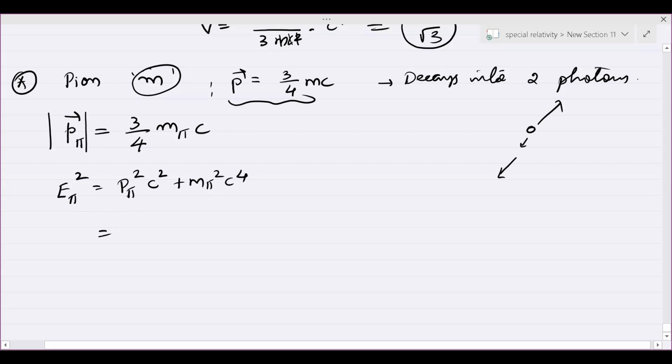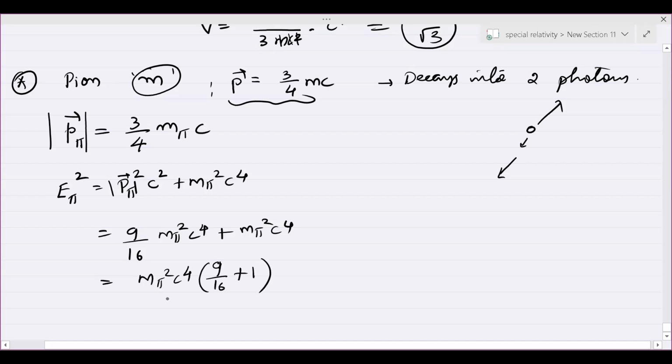Now we know these things. I'll write it like this just to avoid confusion. So this is 9 by 16 m pi square c raised to 4 plus m pi square c raised to 4. So that's equal to m pi square c raised to 4 multiplied by 9 by 16 plus 1, which is m pi square c raised to 4 multiplied by 25 by 16.